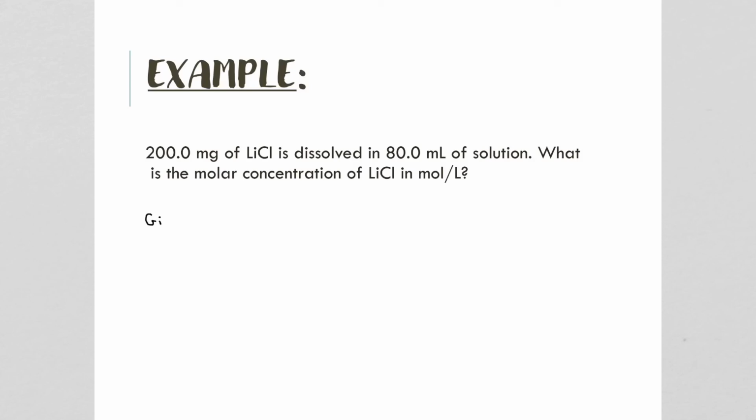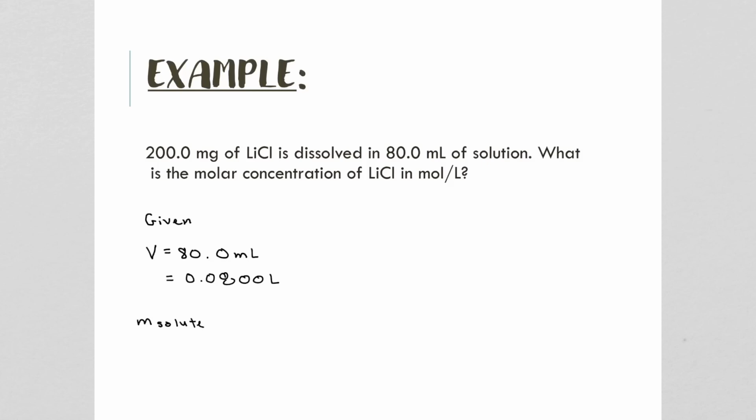So the volume is equal to 80 milliliters, but that's not in liters. So we're going to divide by 1,000 to convert to liters, or move the decimal place over 3. So that's equal to 0.0800 liters.